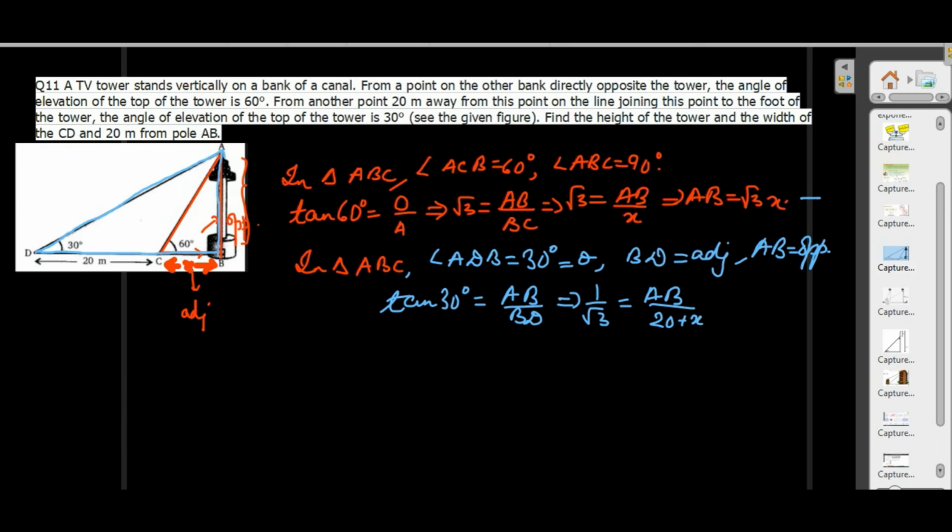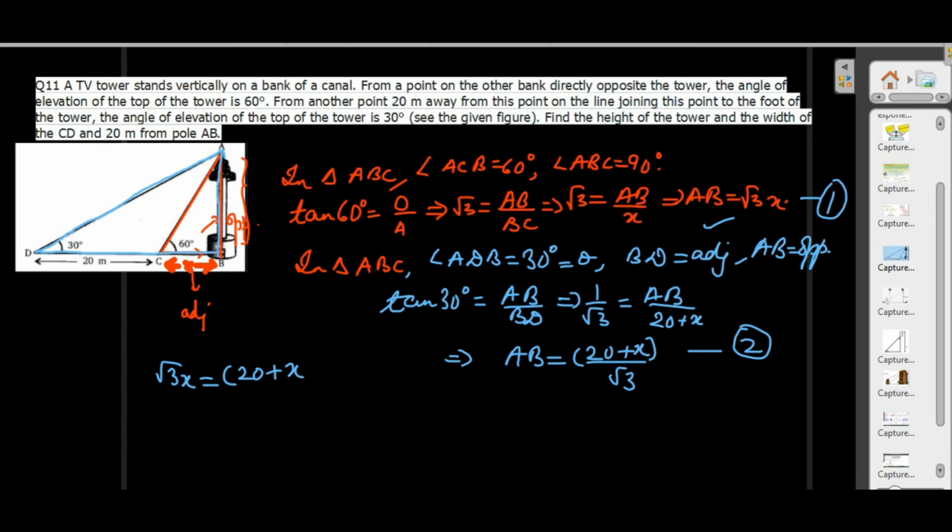Let's name this equation as equation 2 and let us solve this. So AB here will be 20 plus x upon root 3. Now this is also AB and this is also AB, so let's equate 1 and 2. So we'll get root 3x is equal to 20 plus x upon root 3, because both are AB.